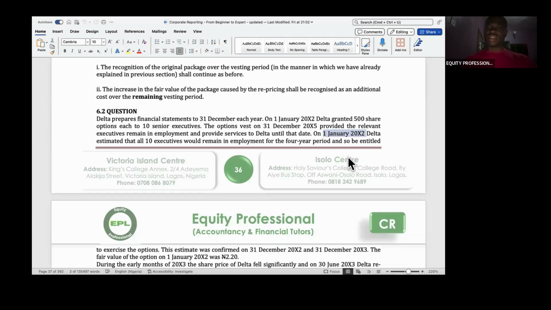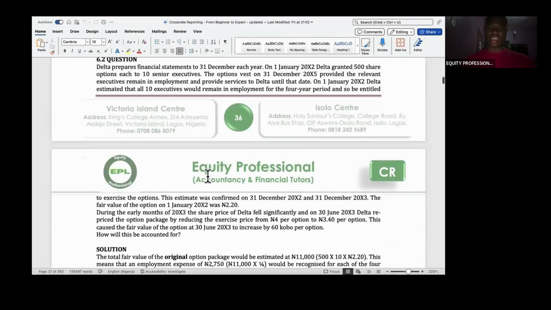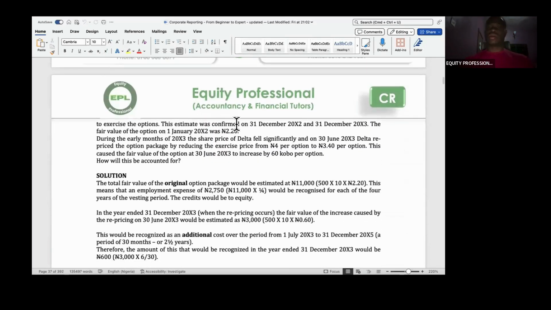So this estimate is not going to work for us because the standard says that we should make an estimate of the number of employees that will vest at the end of each reporting period. So this beginning of the period estimate, we can't rely on it. So they now went ahead and said that this estimate was confirmed at the end of the year, 2002 and 2003.